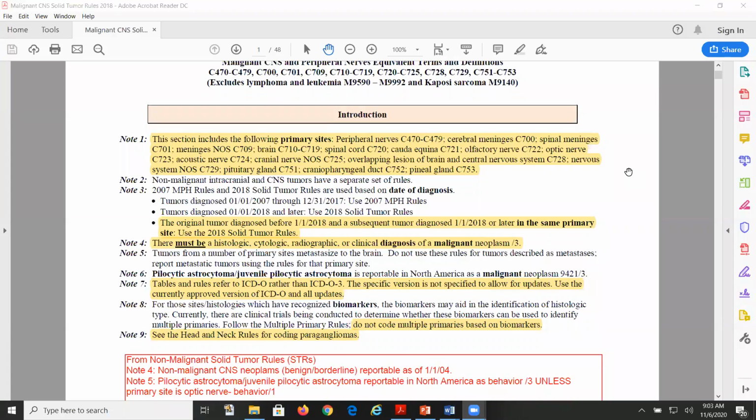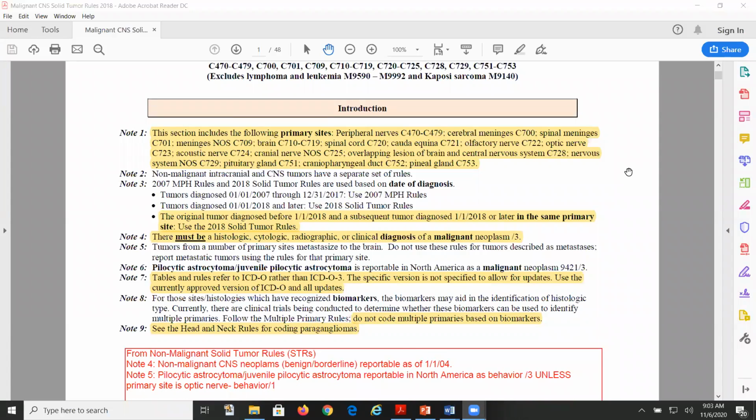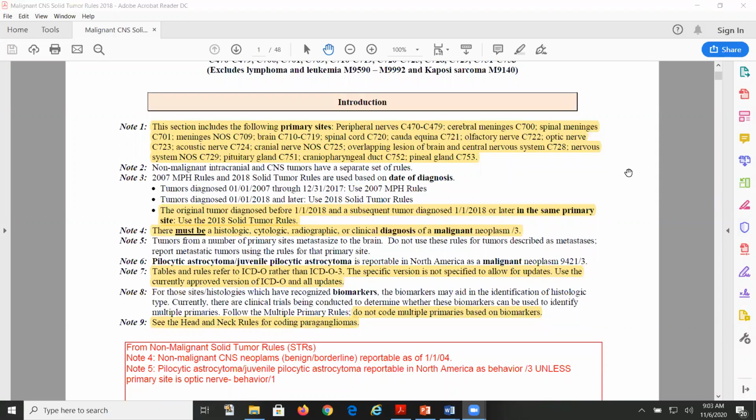Our primary sites included in the malignant solid tumor rules are your peripheral nerve sites, the meningeal sites, spinal cord sites, the brain sites, and I want to stress for solid tumor rules, the brain sites include C710 through C719.